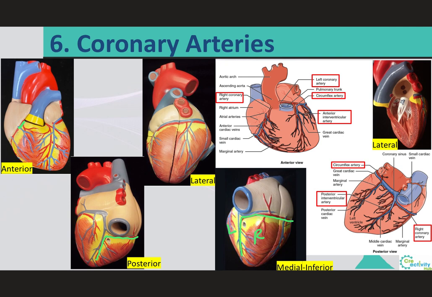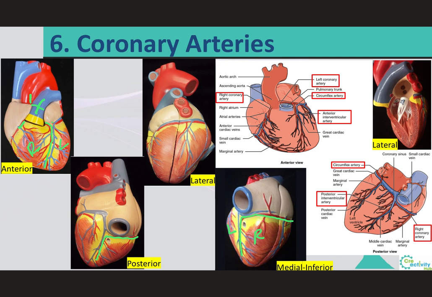With regards to the left coronary artery, we can't really see it exiting from the ascending aorta because it comes behind the pulmonary trunk. But once it comes to the front, it will split into the anterior interventricular artery between the left ventricle and right ventricle.